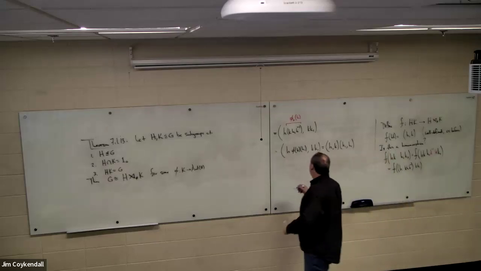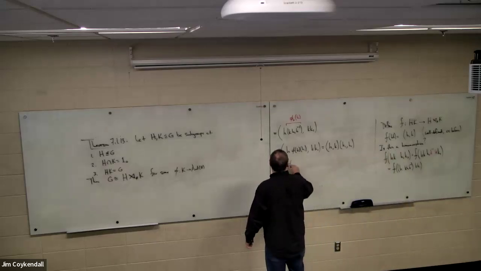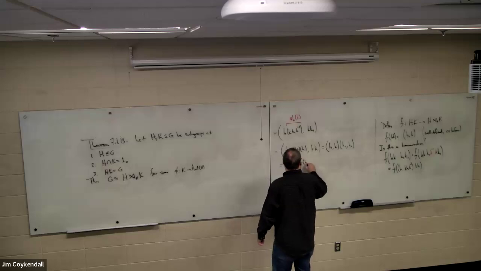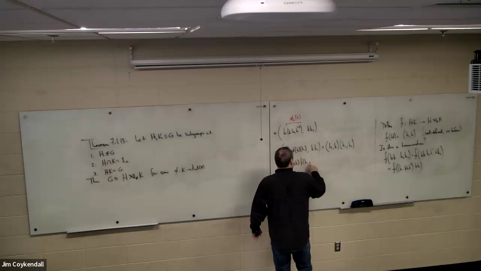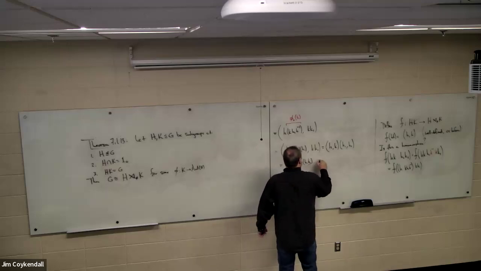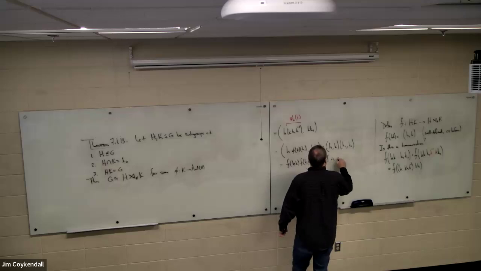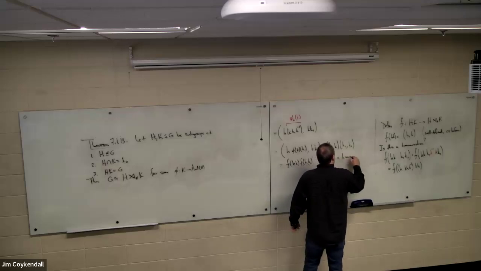So in particular, this is F of HK, F of H1, K1. So F is a homomorphism.